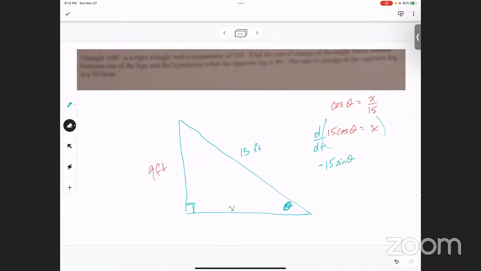Okay, I know what to do now. We were on the right track, we just had to plug in theta. Negative 15 sine theta times d theta dt equals dx dt.